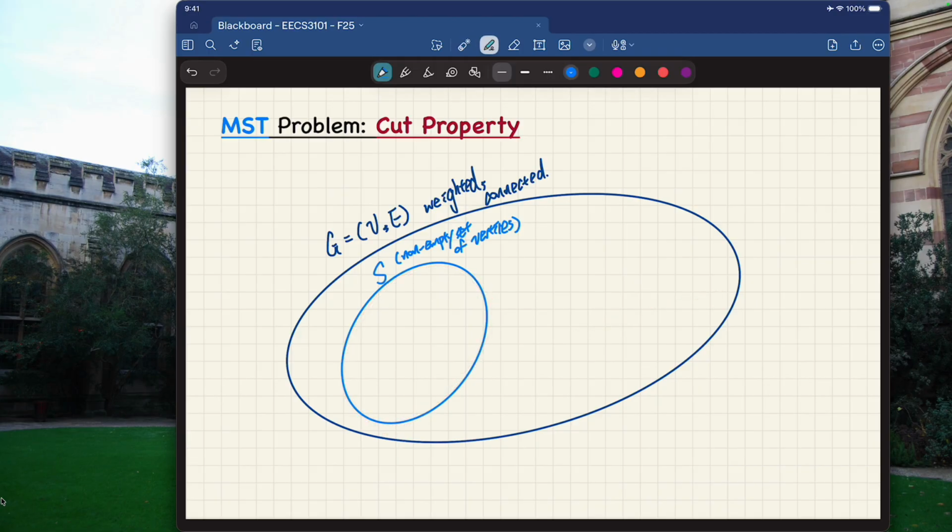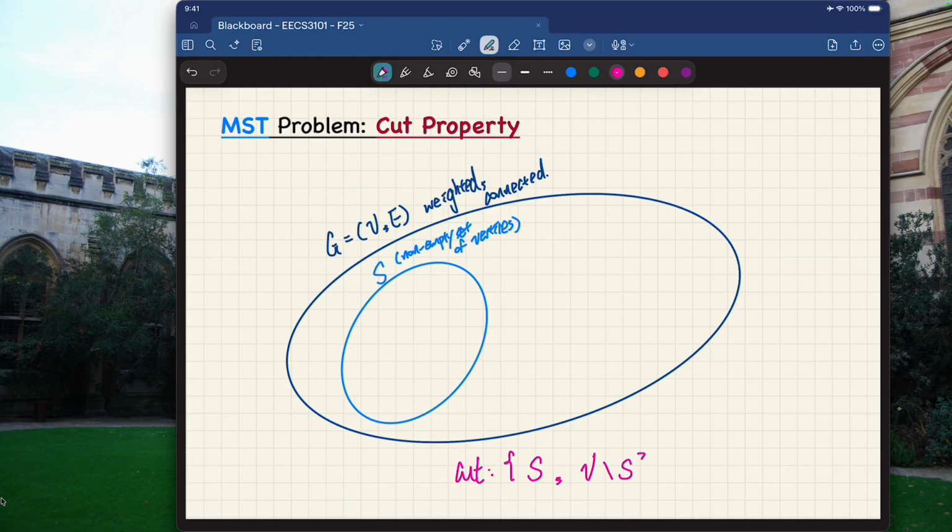So now, how do we see a cut? We say there's a cut. It's going to be a partition with only two member sets. So we got S, and also we got V set minus S, the set difference.